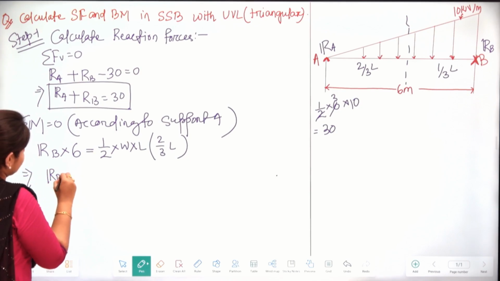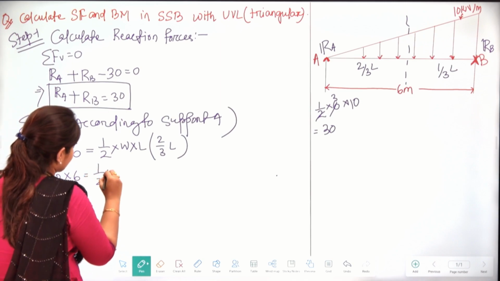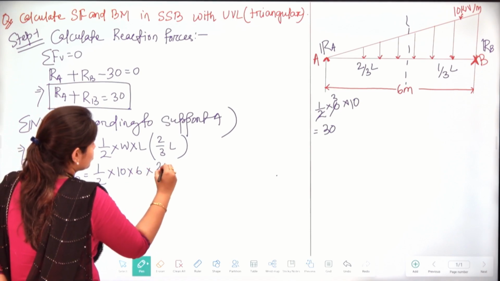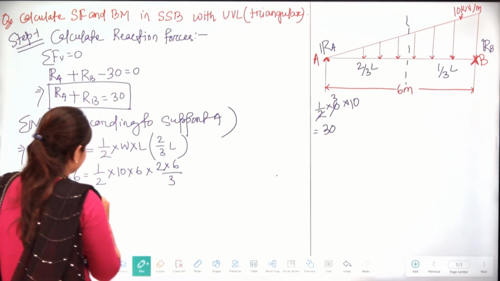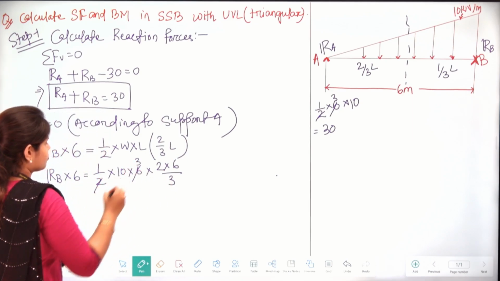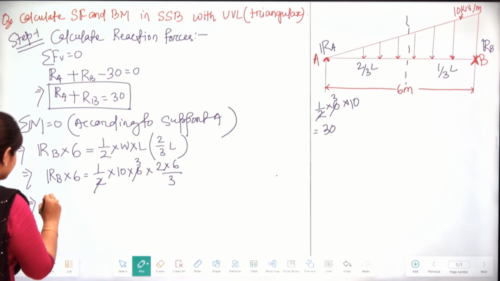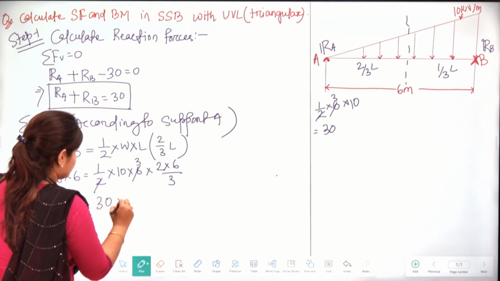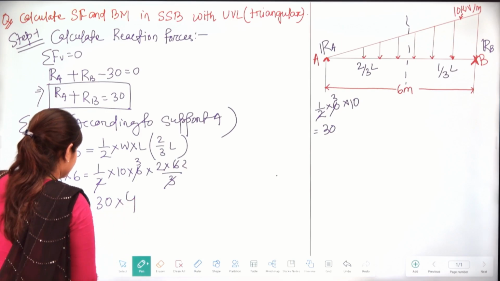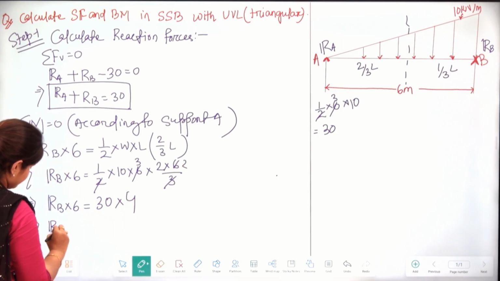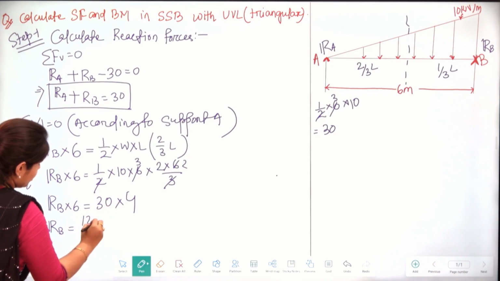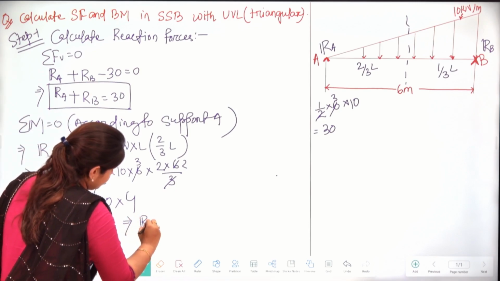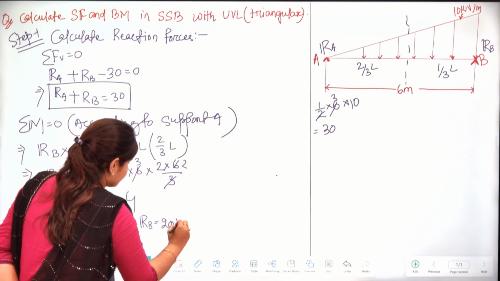Now the RB value: W is 10 and L is 6, so half into 10 into 6 into 2 into 6 by 3, which is 120 upon 6. So RB is 20.